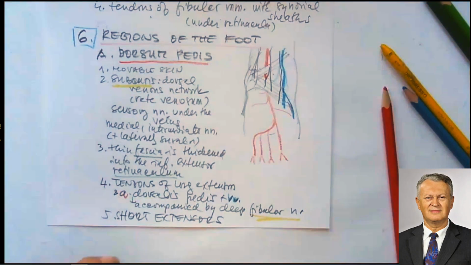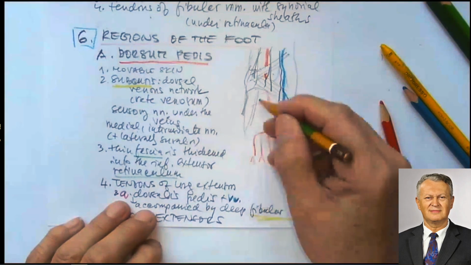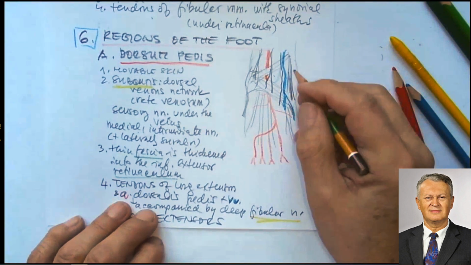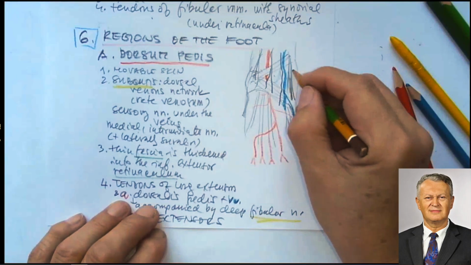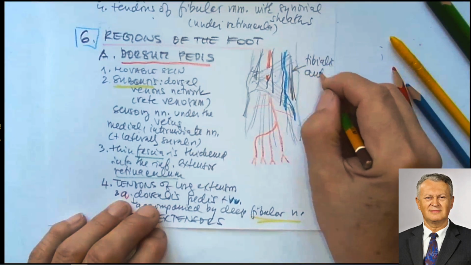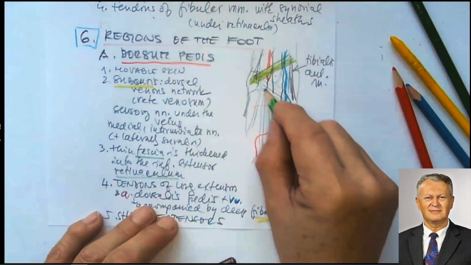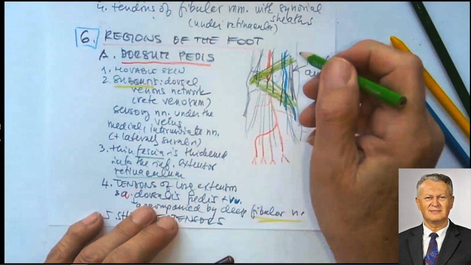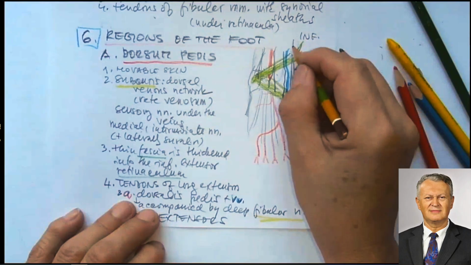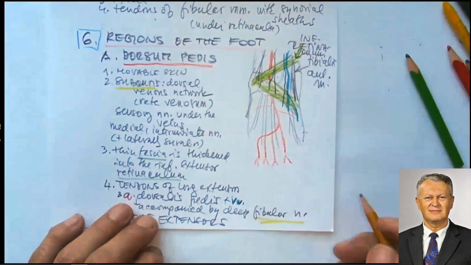So just to know the situation, of course, there are tendons of the extensors, plus here's the tibialis anterior. We can add here the tibialis anterior muscle. Retinacula could be colored now by green, and I will label them. This is simply the inferior extensor retinaculum.